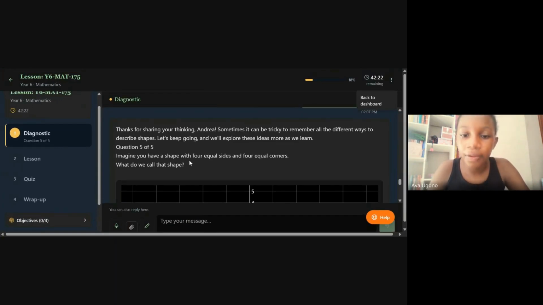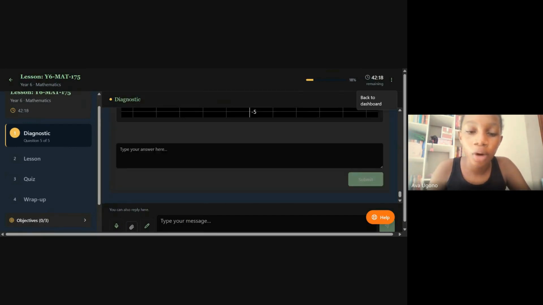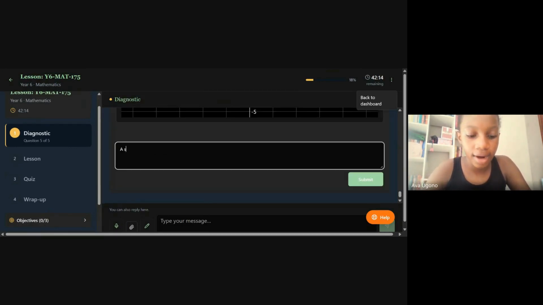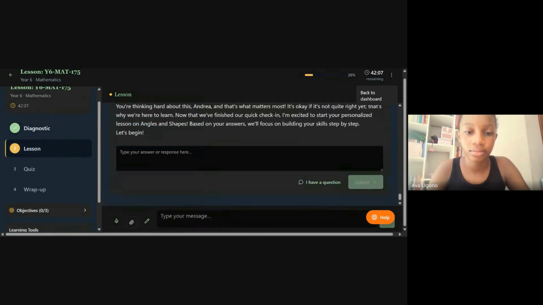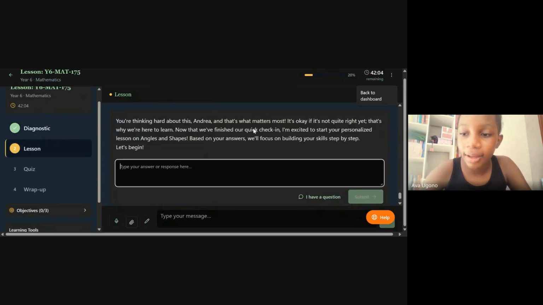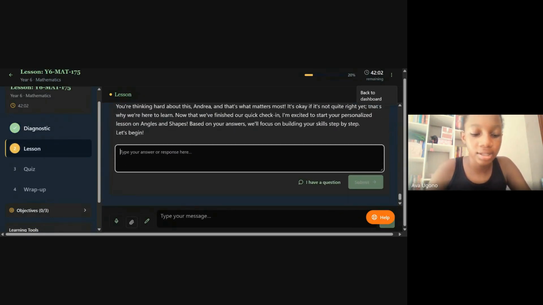Imagine you have a shape with 4 equal sides and 4 equal corners. What do we call that shape? I'm going to write a square. Now that I'm done with the assessment, it's time to start the actual lesson.